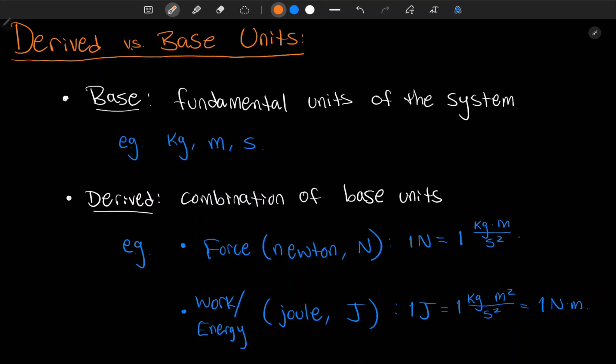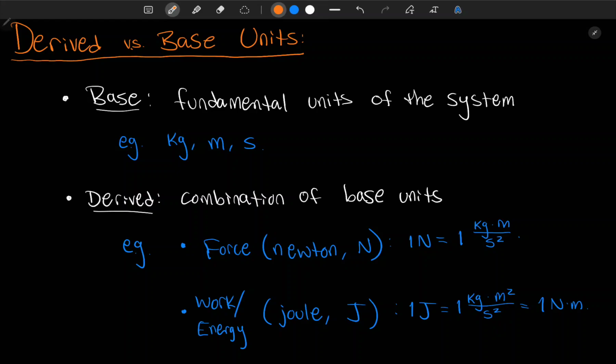Another example is work and energy. These actually have the same unit, and that unit is a joule. So a joule, often denoted by a capital J, is given by, so 1 joule is equal to 1 kilogram times meter squared per second squared.